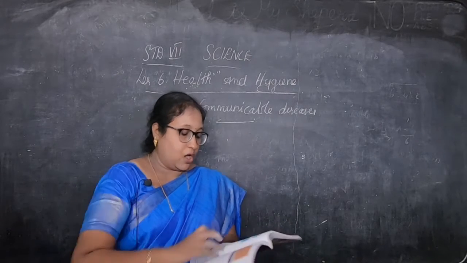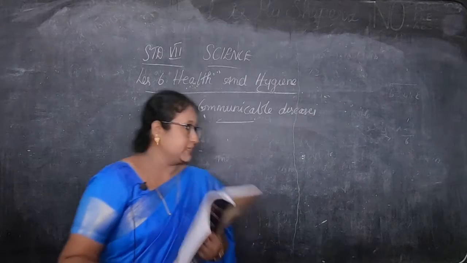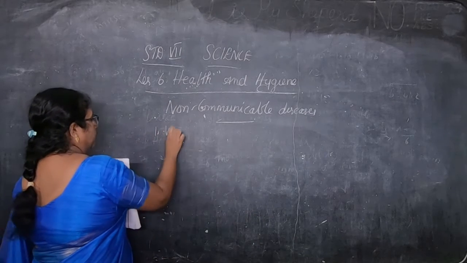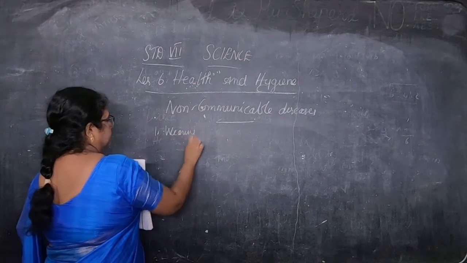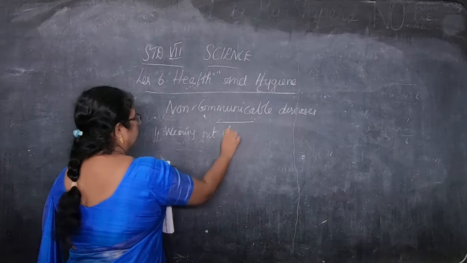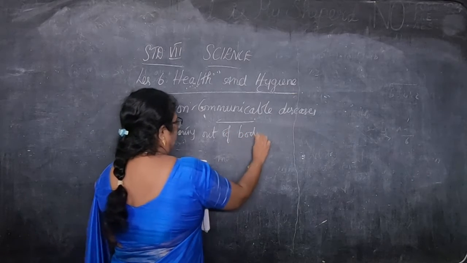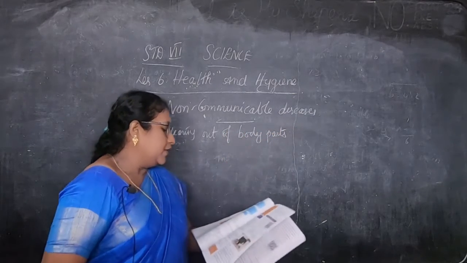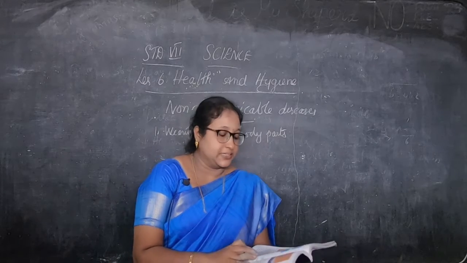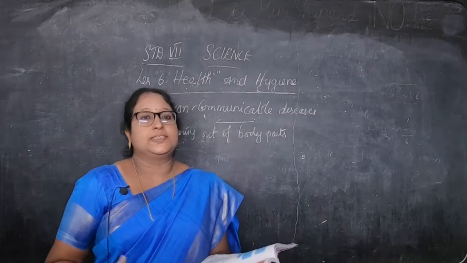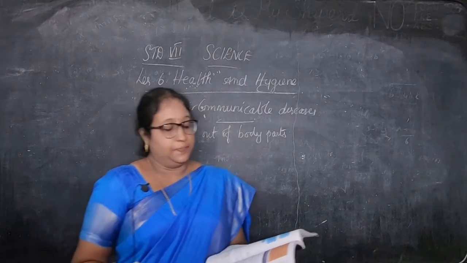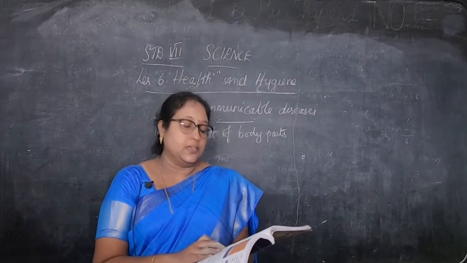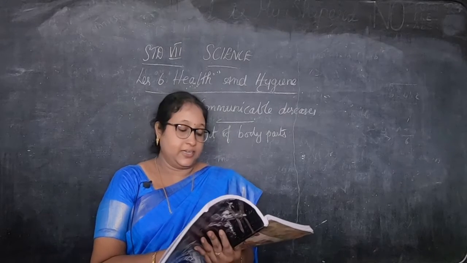First is the wearing out of body parts. Rheumatism is pain in the joints and muscles. Heart attack.